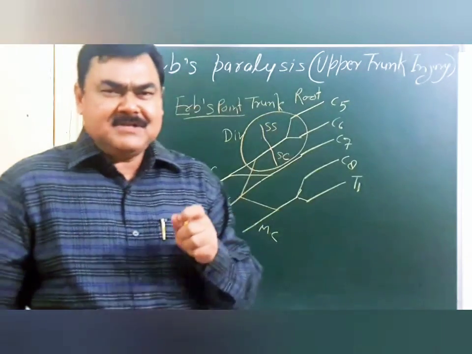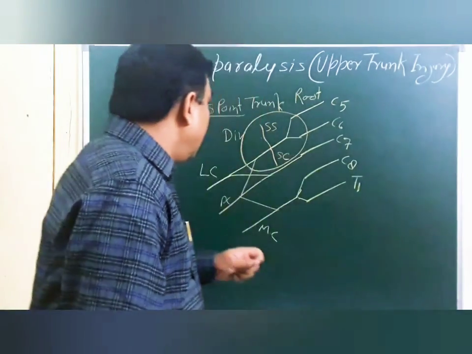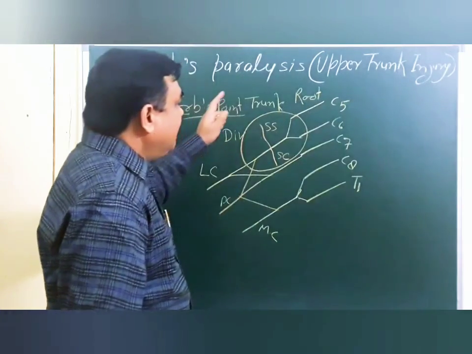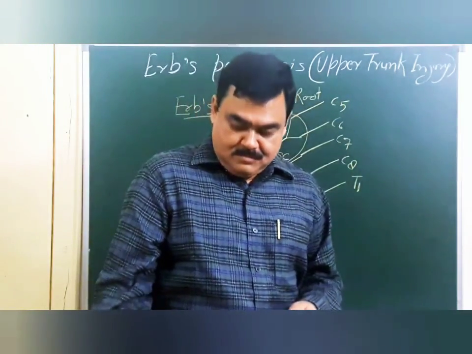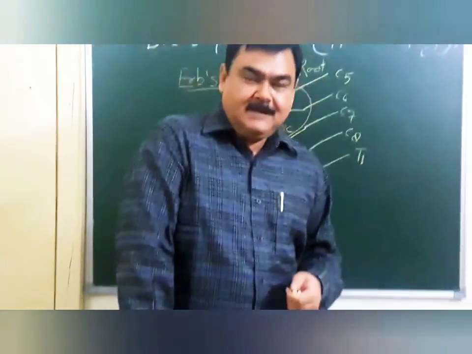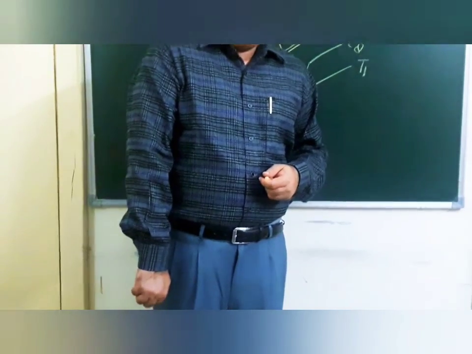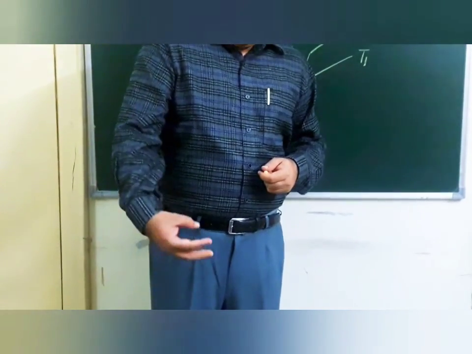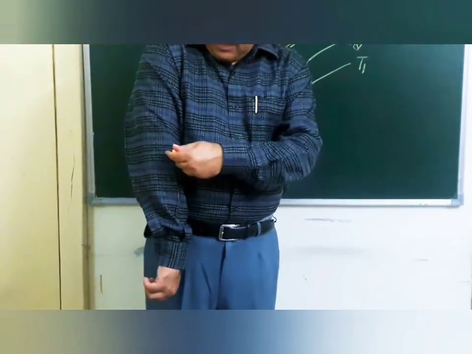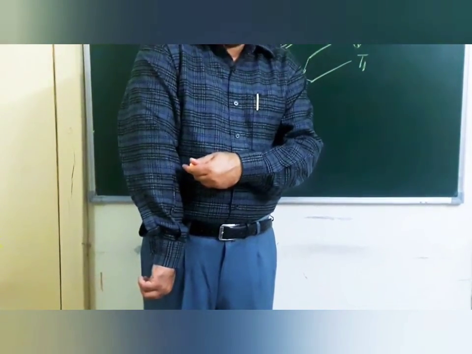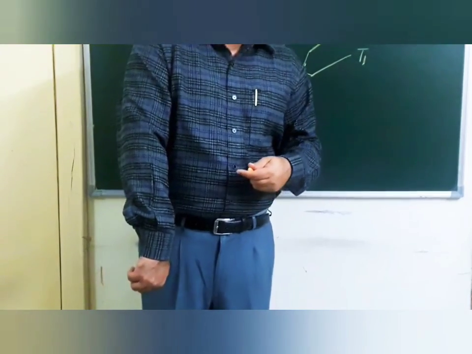So the typical presentation of the Erb's palsy patient is a medially rotated upper limb, adducted, medially rotated, and elbow joint is extended, and forearm is pronated.